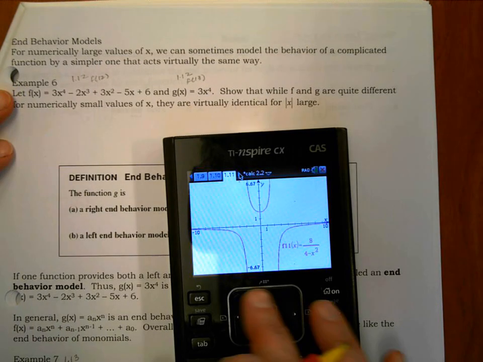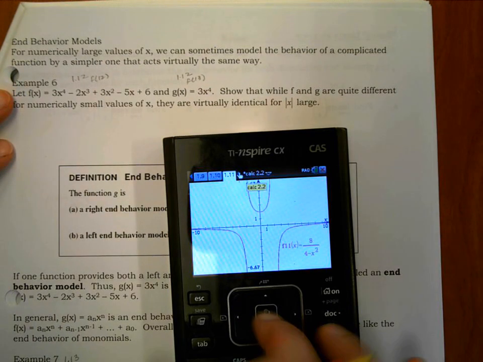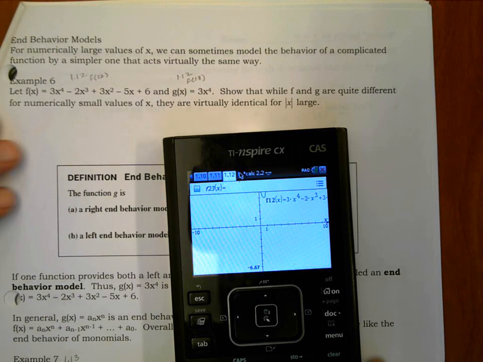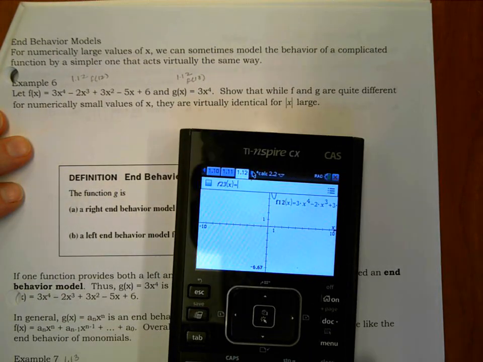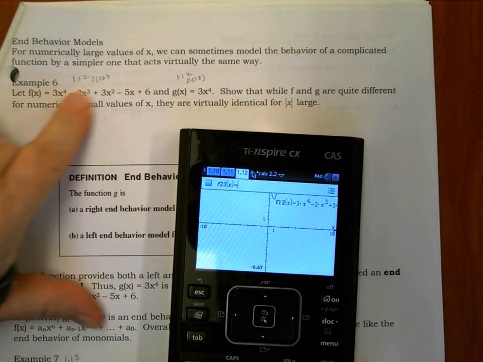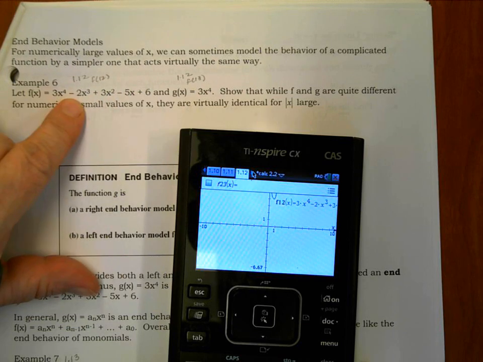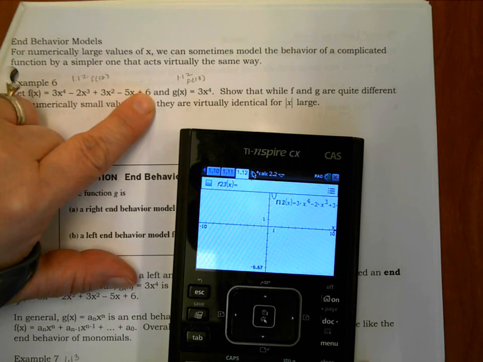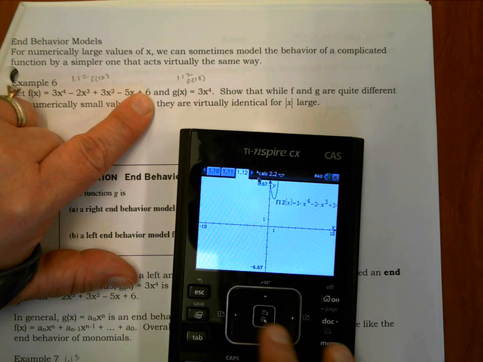Now the next thing, end behavior models. So sometimes when I am looking at these, I have this polynomial, right? And the end behavior, if I graph that, it might look really, really complicated. Right now, this is my graph of this whole function.